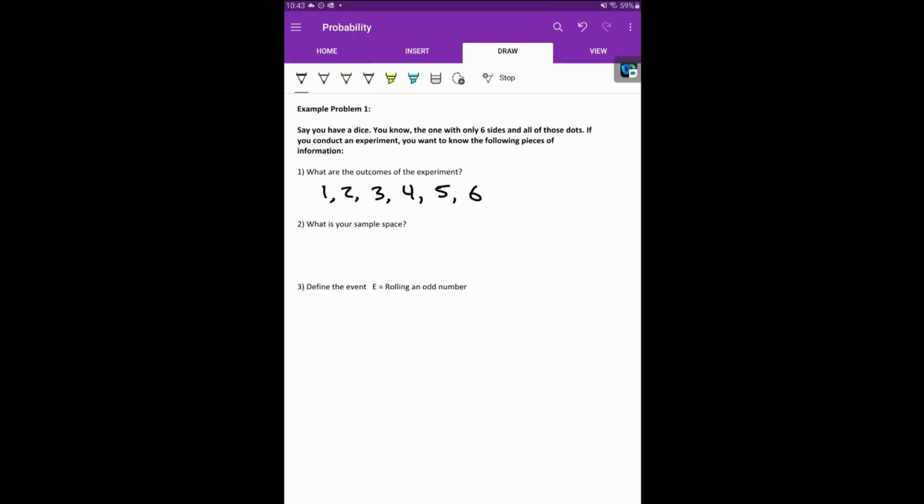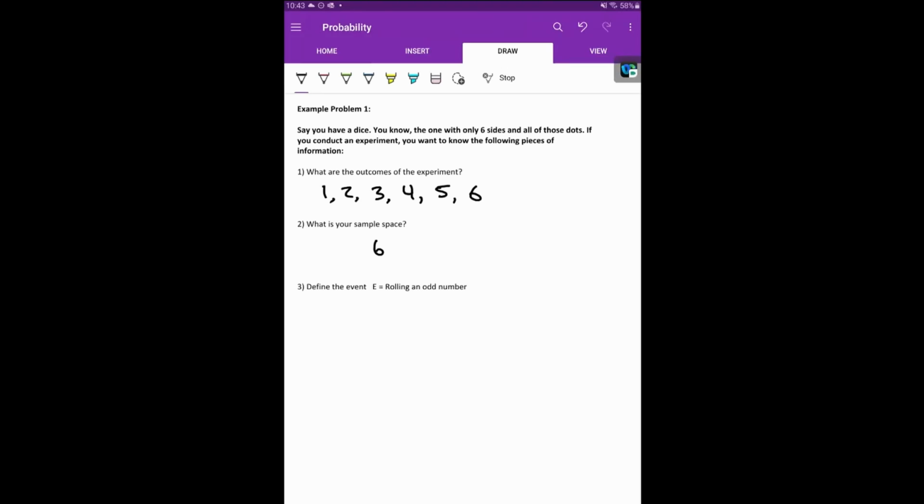Those are all the possible outcomes of that experiment. Your sample space is how many outcomes you have. Well, we've got 6 possible outcomes, so in this case our sample space would be 6.